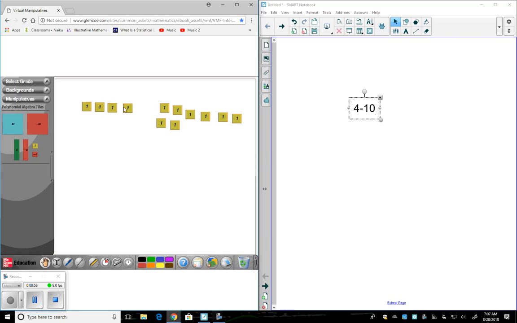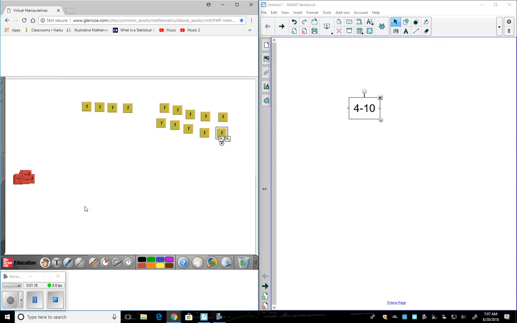So when we have 4, so I just displayed the 4 here, and I'm going to subtract 10. 1, 2, 3, 4, 5, 6, 7, 8, 9, 10.